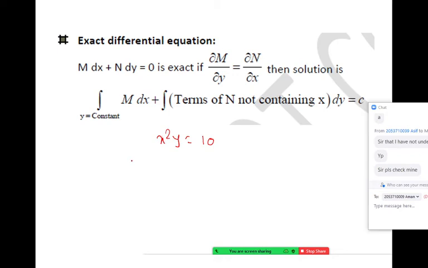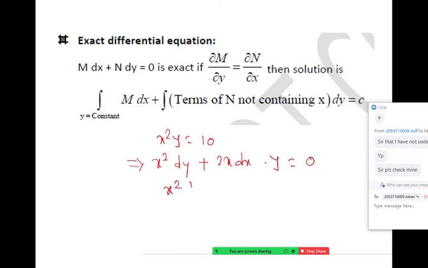Now if we take the total derivative, we require the product rule: first into derivative of second, which is x square dy, plus derivative of first, which is 2x dx, into y, equal to derivative of c1, which is 0.